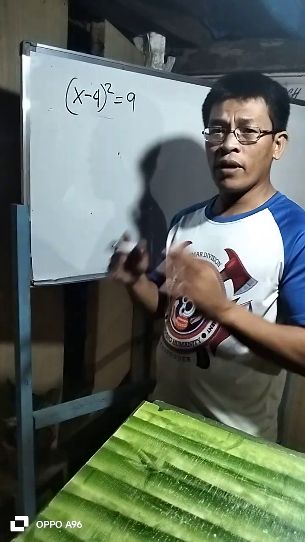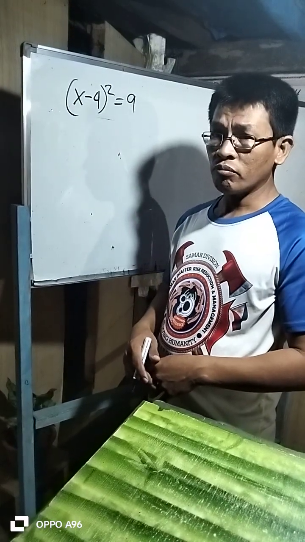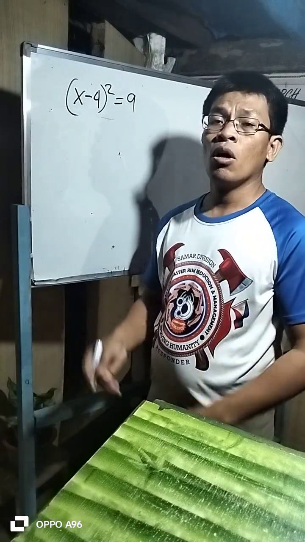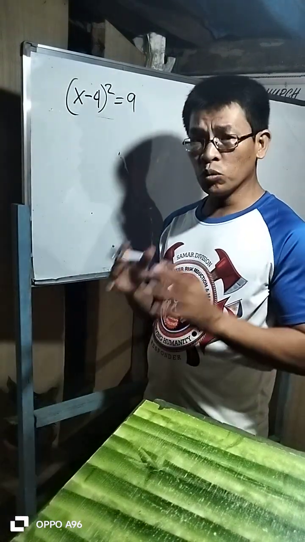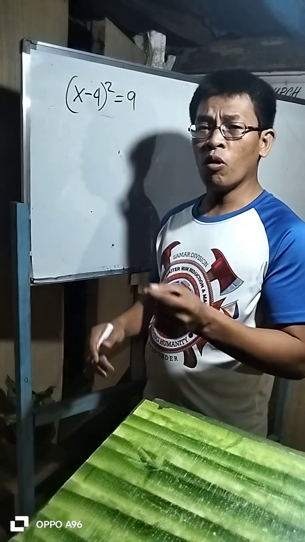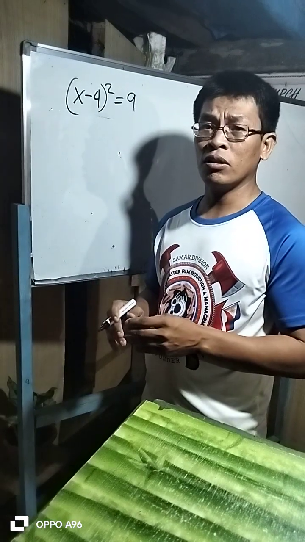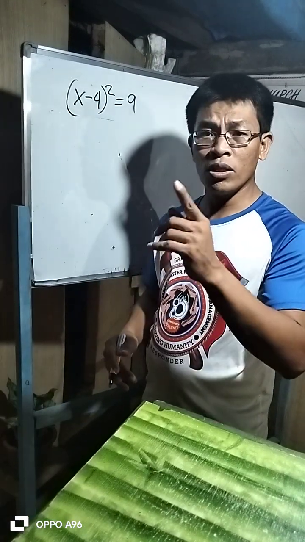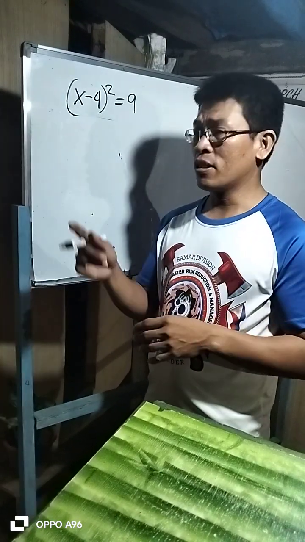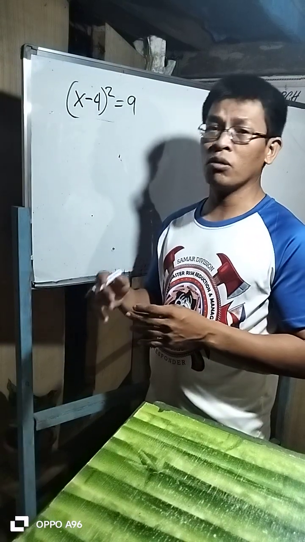First, if k is greater than 0, the roots will consist of 2 real solutions. If k in the formula x squared equals k is equal to 0, there is only one solution or root. But if k is less than 0, there is no real solution or real roots.